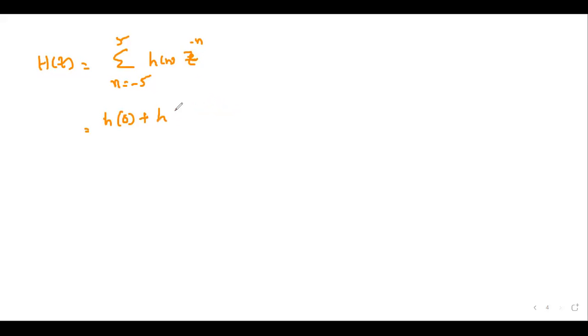So I can write h of 1 into z plus z power minus 1. As per the formula, this can be written as h of 0 plus summation n equal to 1 to 5 h of n into z power n plus z power minus n.